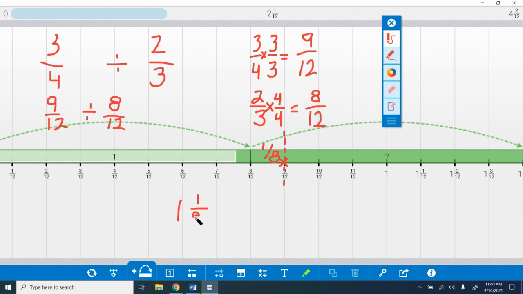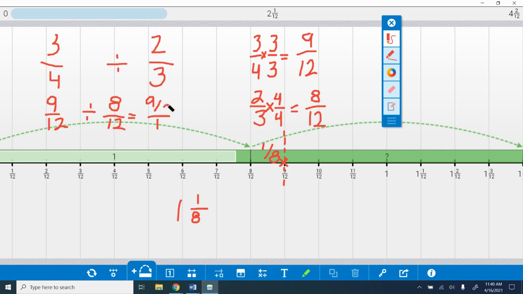Now let's take a look at dividing with our common denominators here. 12 divided by 12 is 1. Anything divided by 1 is itself. 9 divided by 8 can be written as 9/8.